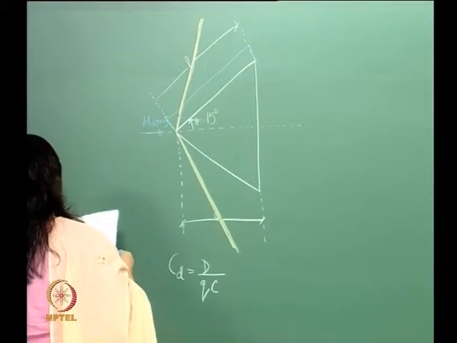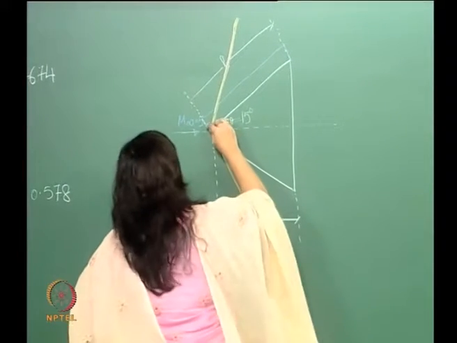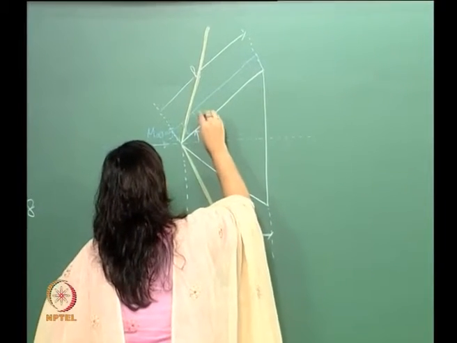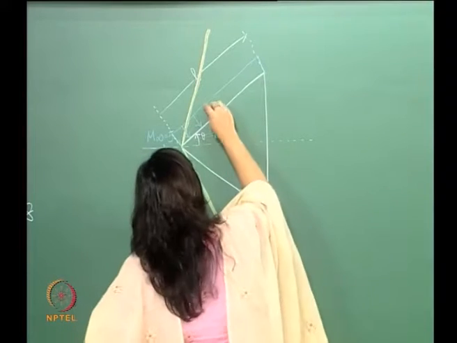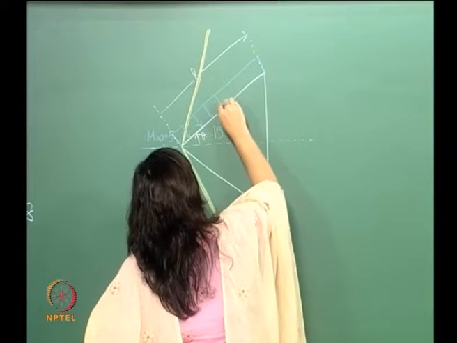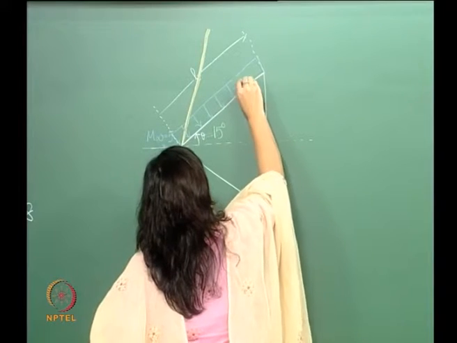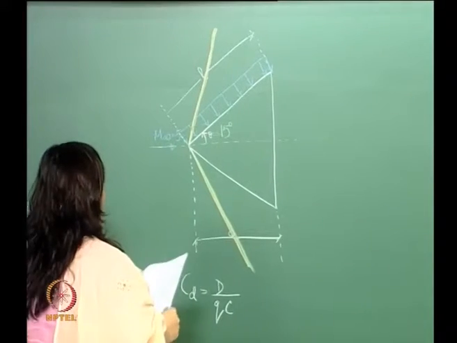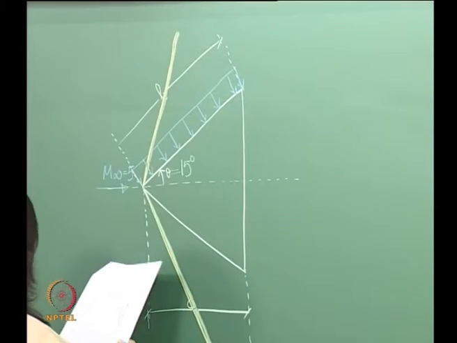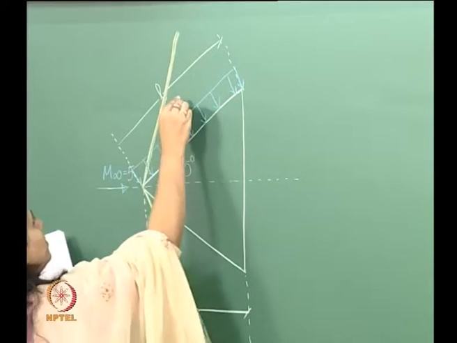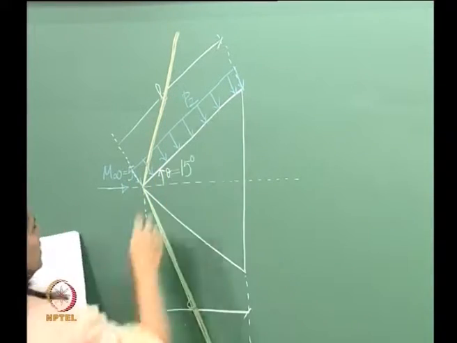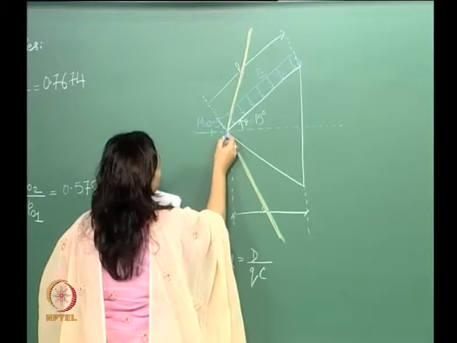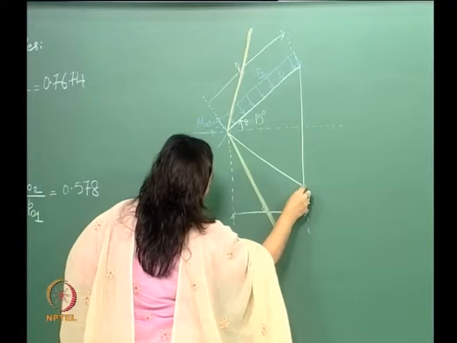If that is the case, I'm going to draw that pressure distribution like this. If this region is 1, I'm going to call this pressure distribution 2, and it will be the same here as well.